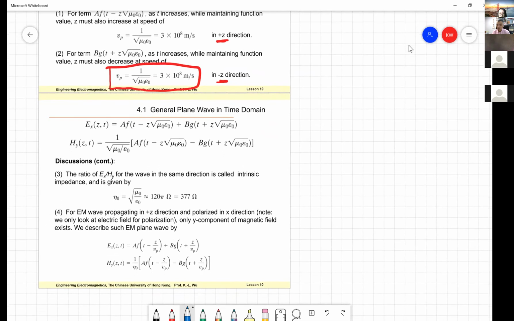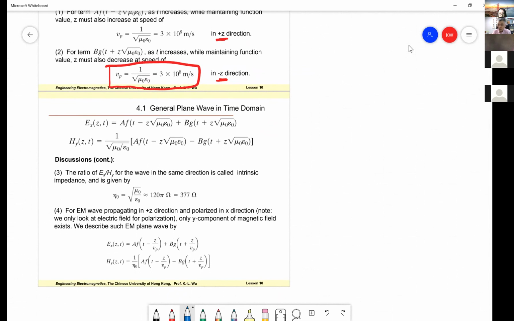Say this propagates in that direction, and this also propagates in that direction. One is the electric field, one is the magnetic field. If we take the ratio of EX propagating in the positive z direction and HY propagating in the positive direction, you better put a plus sign.